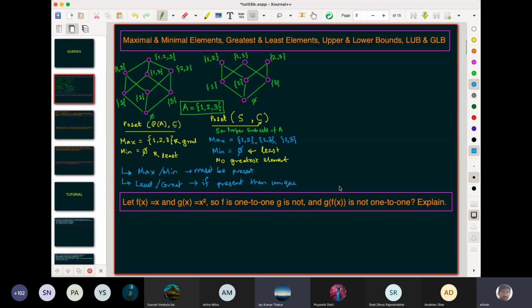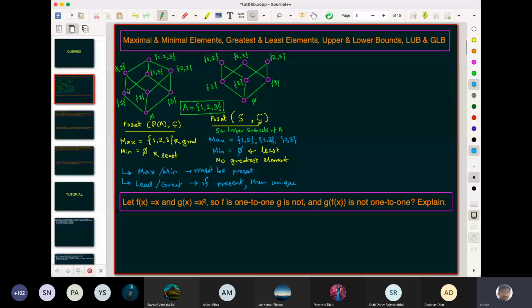Sir, in the first figure, there is no connection between 1 and 1, 2, 3. No, there is no direct connection, but 1 is related to this, and this is related to this. The transitive relation of a poset makes 1 related to 1, 2, 3. See, posets are transitive closure.